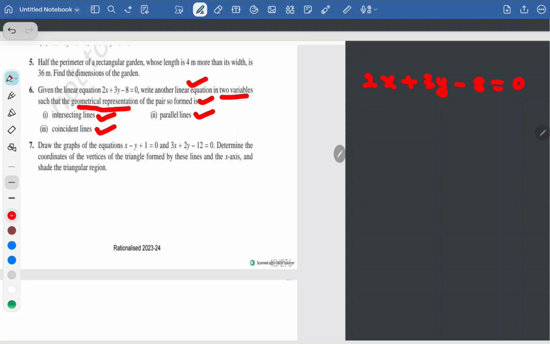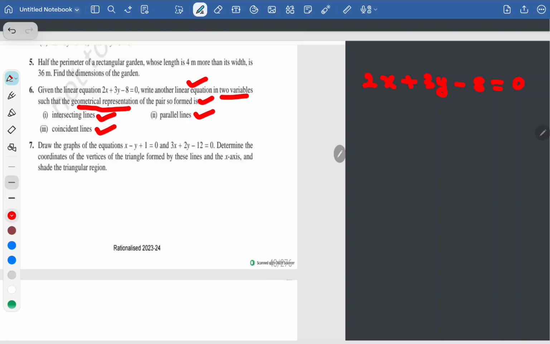We have to form another linear equation in such a way that the pair of linear equations must be intersecting. Second one parallel, third one coincident. This is simply nothing but we have to construct another linear equation such that the given equation and the other equation form one pair.